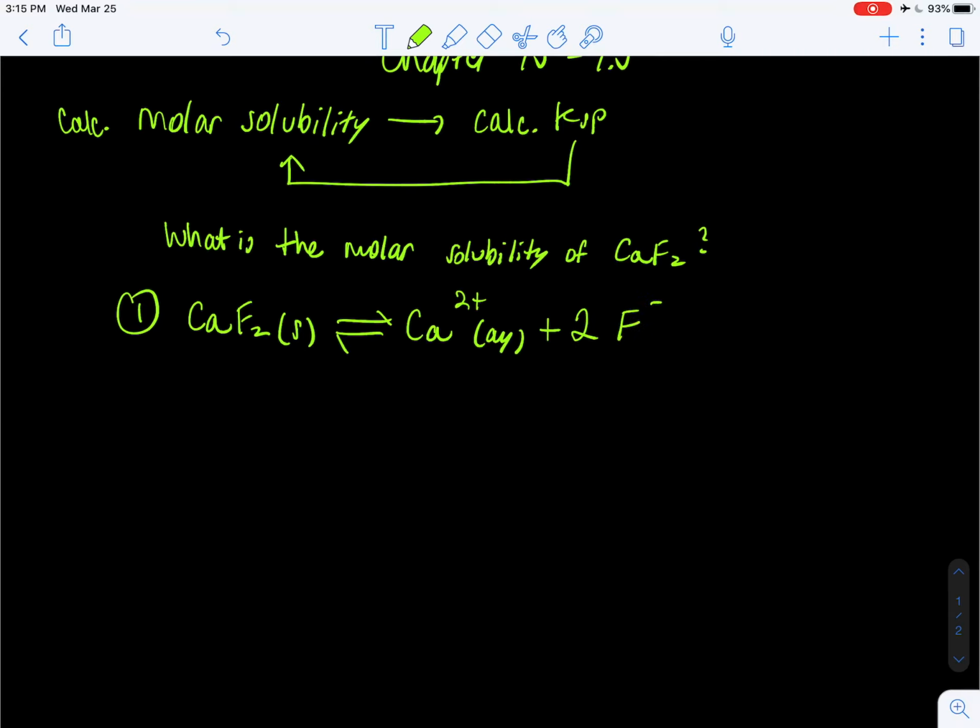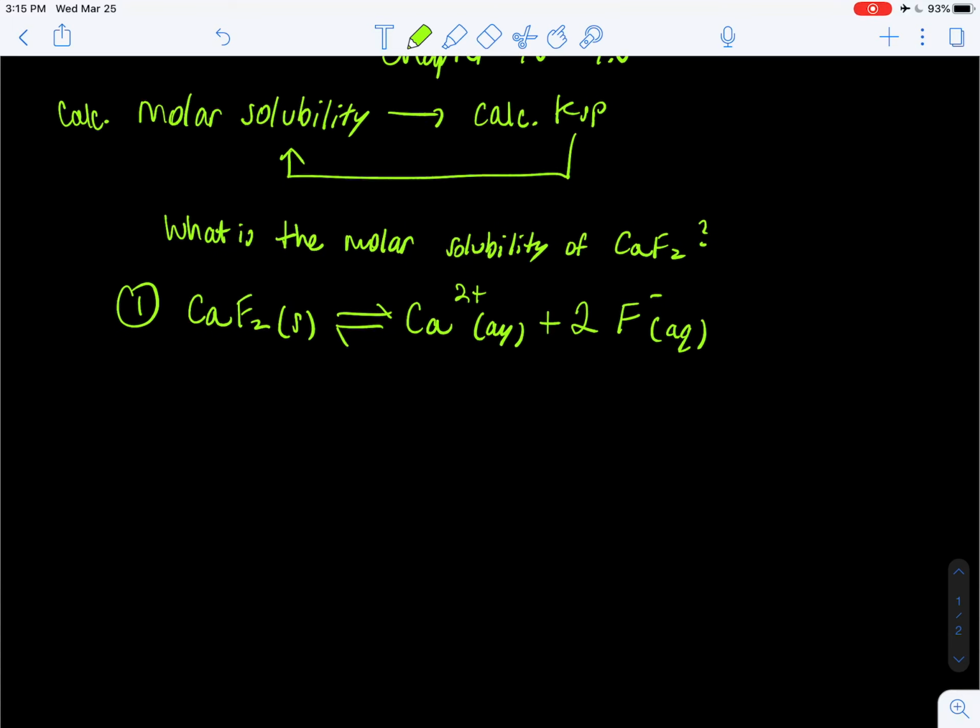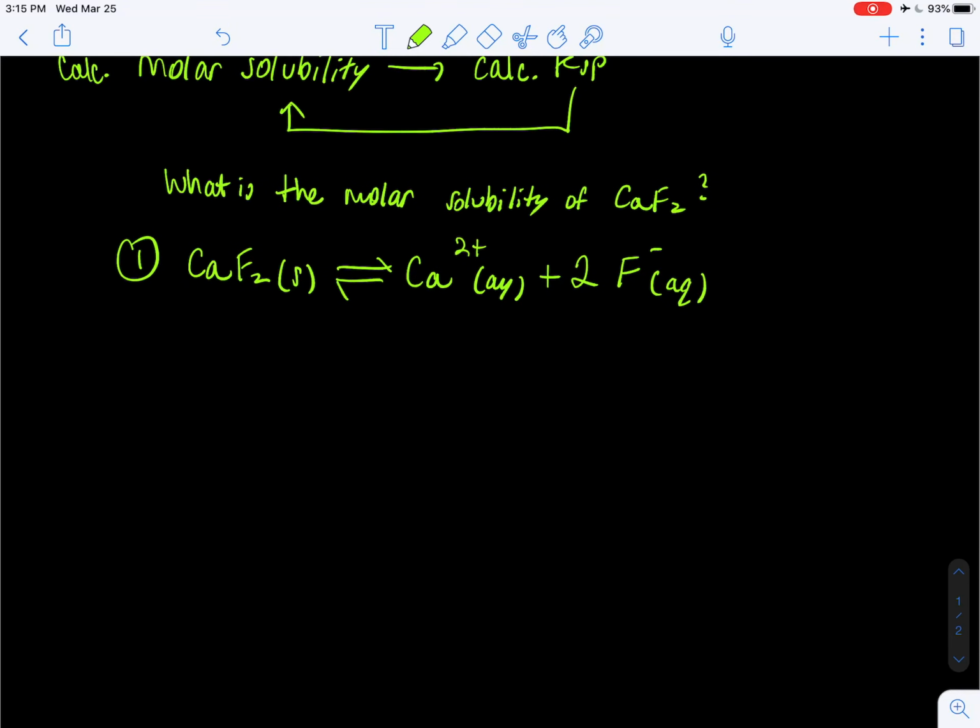Notice how there's a coefficient of 2 in front of the fluoride ion, which is in group 7, it's a halogen. Now, we set up an ice table here, and we assume we have one crystal that's large enough, and pure water that has no calcium ions and no fluoride ions present.